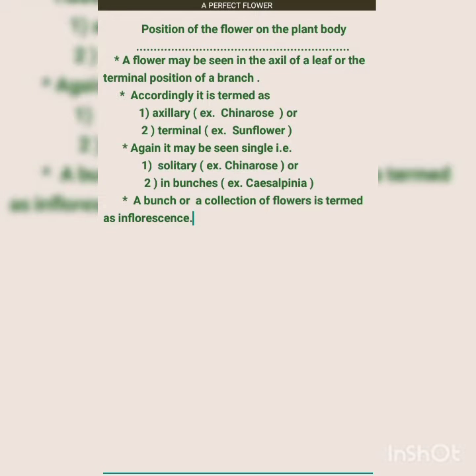A flower may be seen in the axil of a leaf or on the terminal position of a branch. Accordingly, it is termed axillary when it is in the axil of a leaf, example China rose, or terminal when it is on the terminal position of a branch, example sunflower.